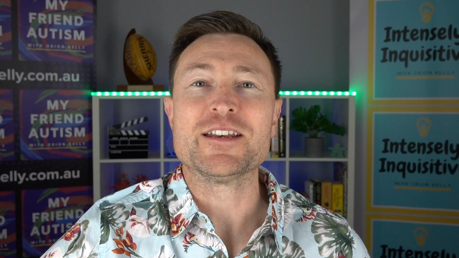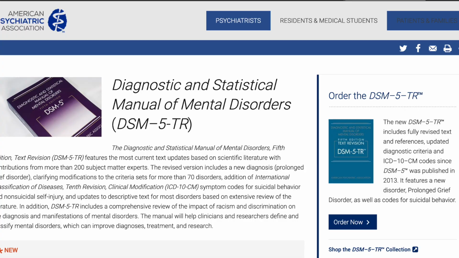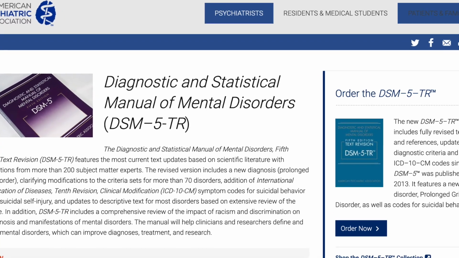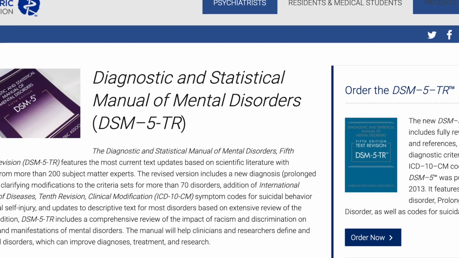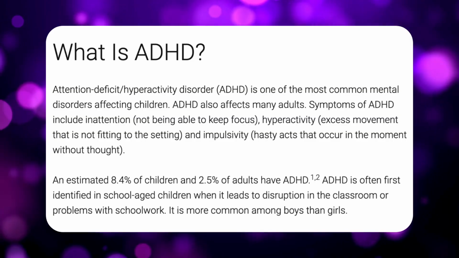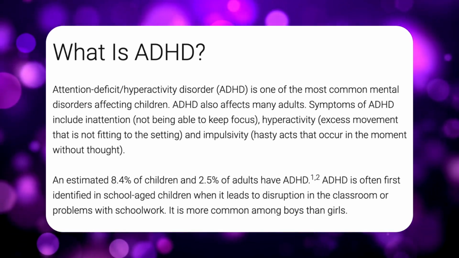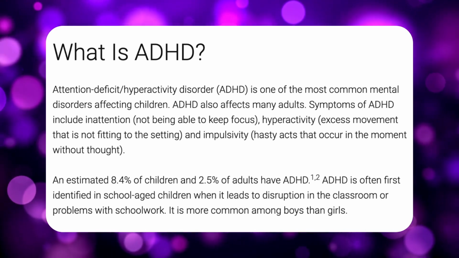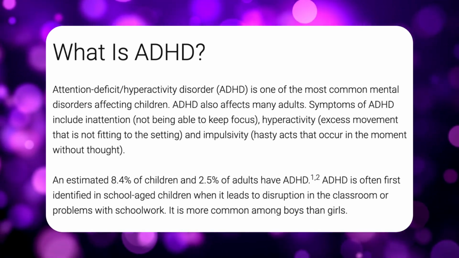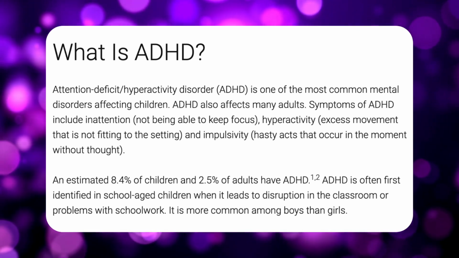Okay, so what is ADHD and how is it connected to autism? Before we unpack the connection, let's break down ADHD. So, what is ADHD? I think we should go to our old friend, the DSM-5. The Diagnostic and Statistical Manual of Mental Disorders, 5th edition, says attention deficit hyperactivity disorder, ADHD, is one of the most common mental disorders affecting children and also affects many adults.